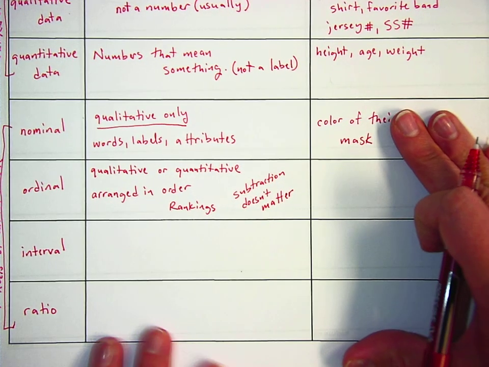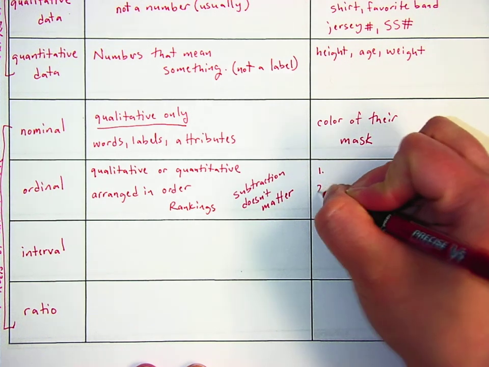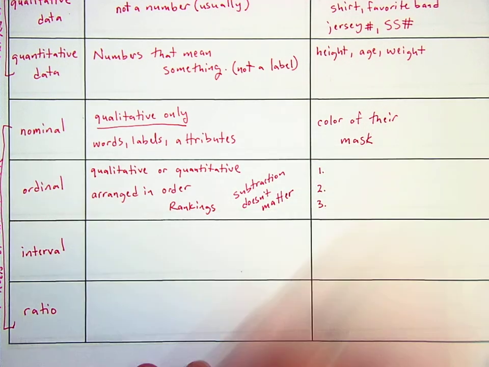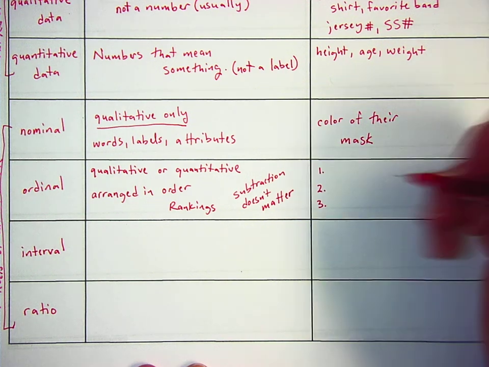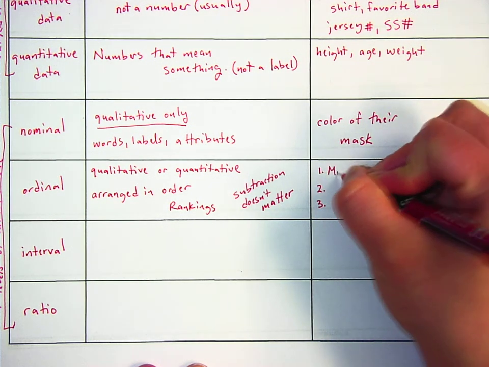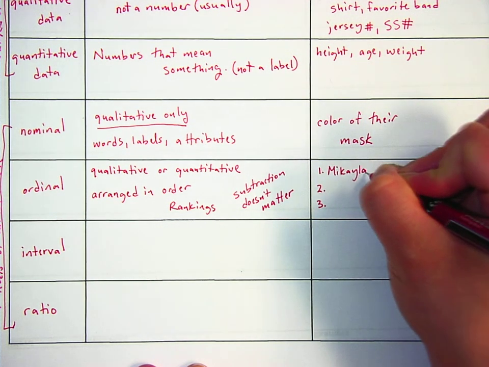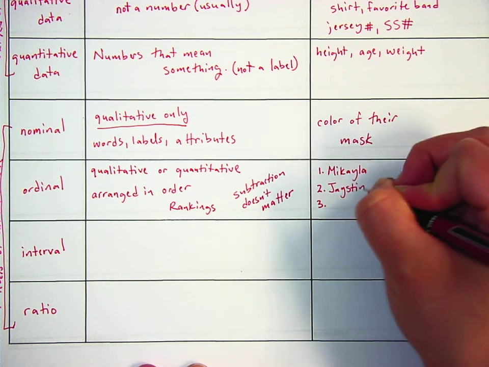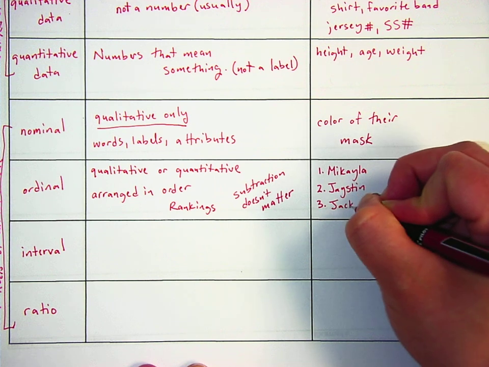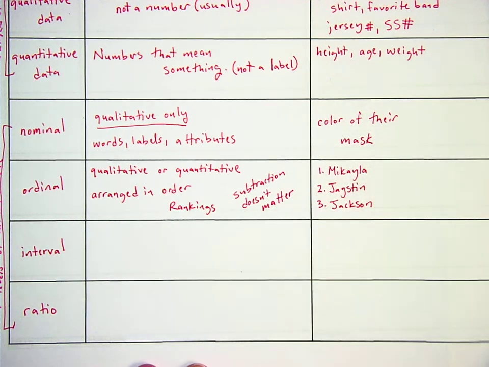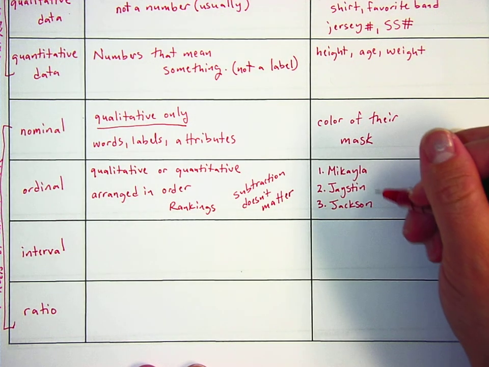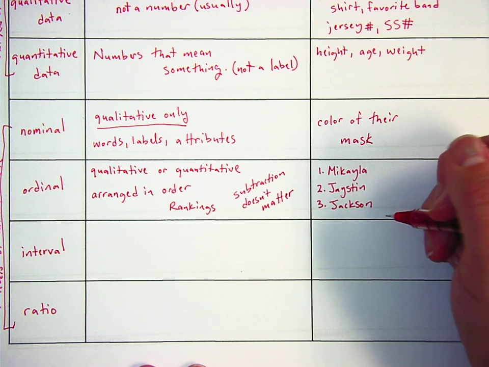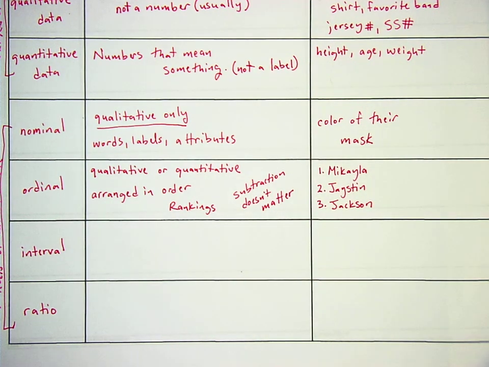So let's say that I made a list of the top 3 people finishing in a race, okay? Michaela happens to win this race, then in second comes Jason, and then Jackson comes in third. Now, if you look at this list, you know that Michaela won, but you don't know how far ahead she was of Jason.